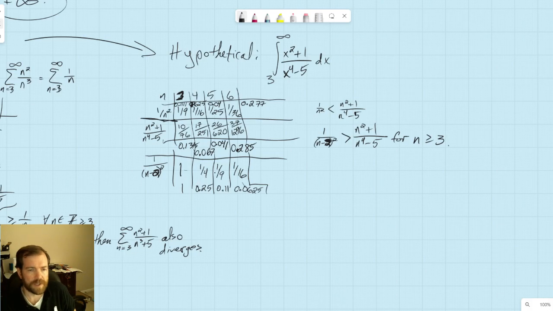So for all these values, these are bigger than these. We can see that very clearly. It's 0.0285, and that's 0.0227.